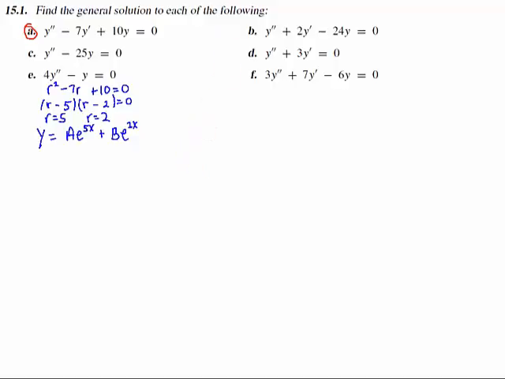So we will, just for the heck of it, check this one. To do that, we need to take the derivative of what we just came up with. So bring down the a. Derivative of e to the 5x would be 5 e to the 5x. So that would be 5a e to the 5x.